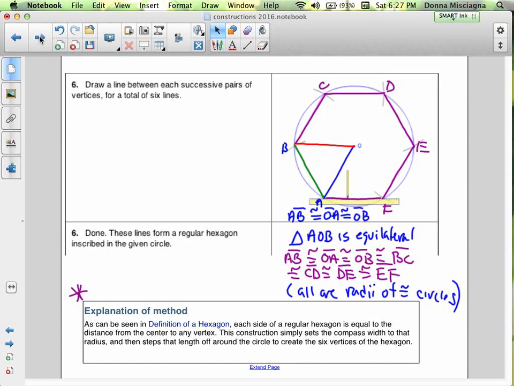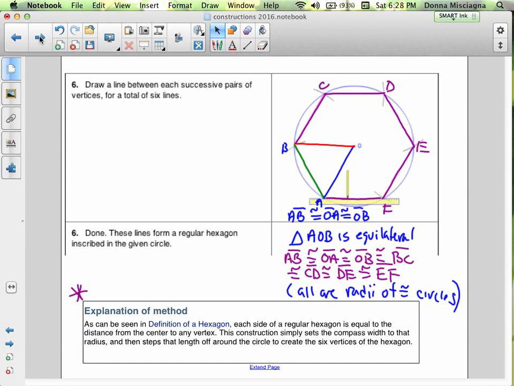So now we're going to draw a line between each pair of vertices for a total of 6 lines. The vertices of my hexagon are the purple and the one green line. I just wanted to show you a few things. So now we have a regular hexagon inscribed inside our circle.